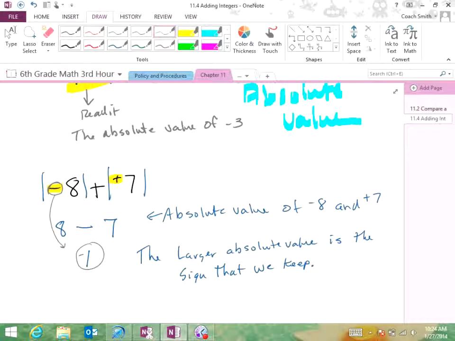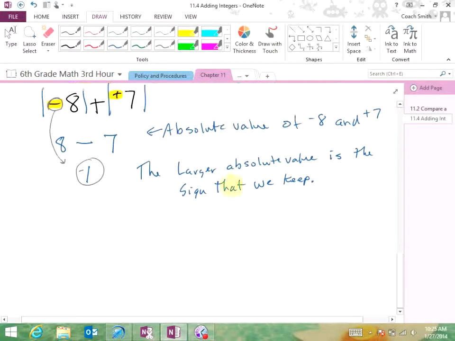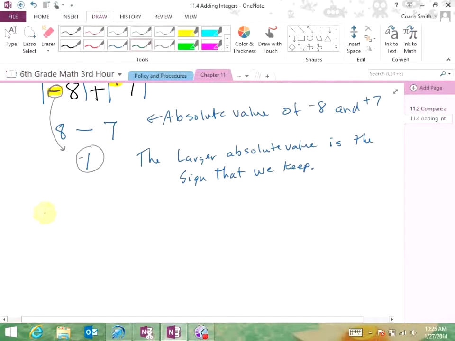But the actual rule, and it doesn't matter if the problem looked like this. If the problem looked like that, it's still the same thing. Because of our commutative property of addition, it doesn't matter if the positive comes first or the negative comes first.